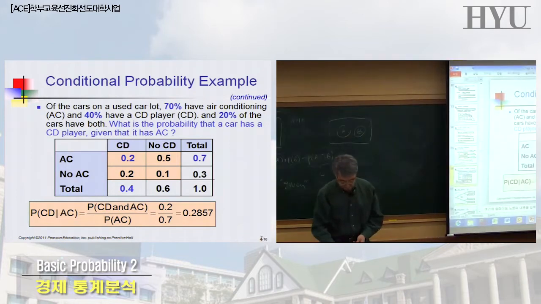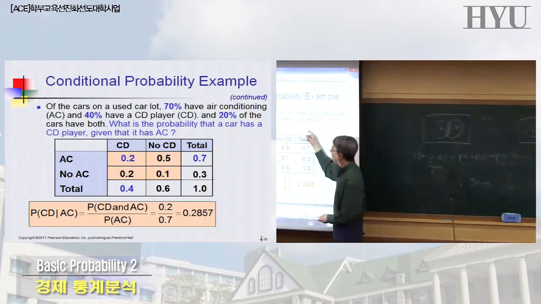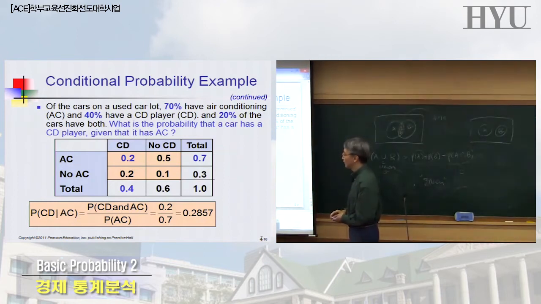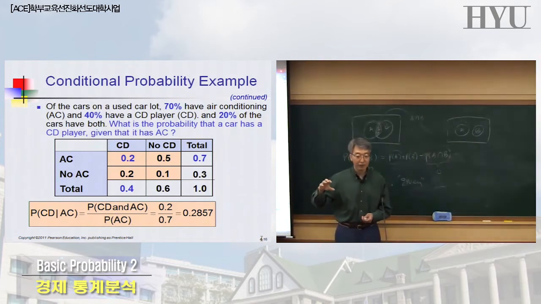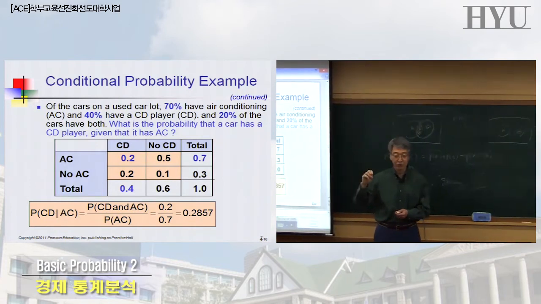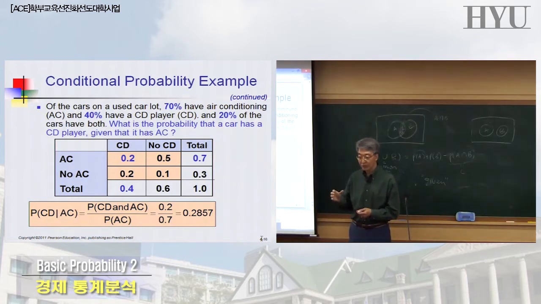So you can ask a question. What is the probability that a car has a CD player given that it has AC? If they collected all the cars with AC on one side of their lot, then once you forget about all those cars without AC, now we are talking about only those cars with AC.